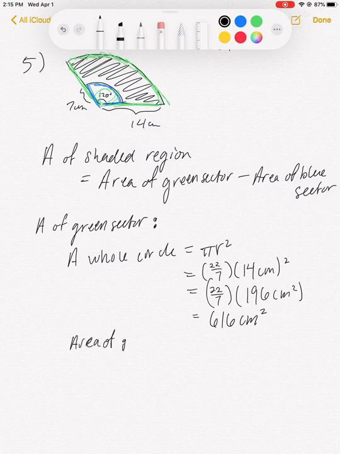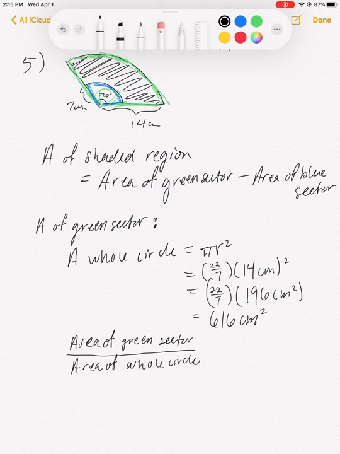So the area of the green sector is in relation to the area of the whole circle. So we need to do a proportion, which is two fractions equal to each other. Area of green sector over area of whole circle is equal to the 120 degrees over the whole circle, which is 360 degrees.